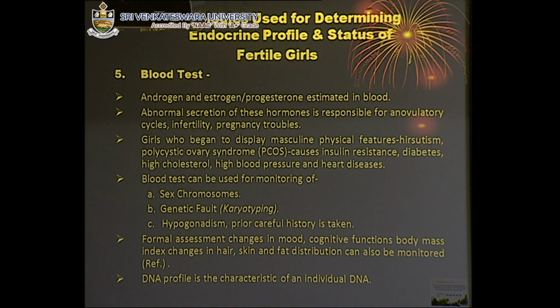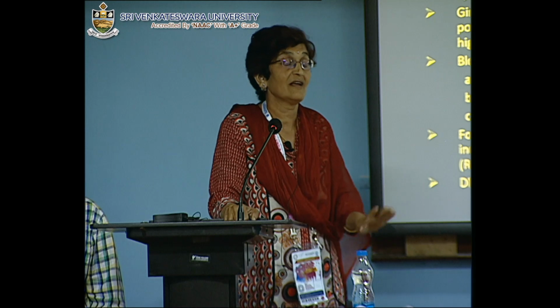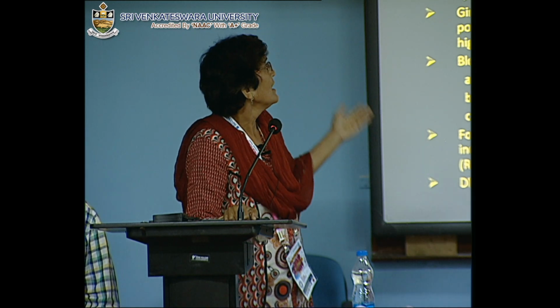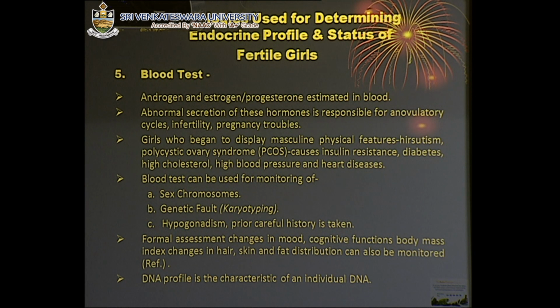Next, we will do the blood test, where a single drop of blood can give 23 types of results. Here we will see hormone balance and hormone diagnosis: androgen, estrogen and progesterone, the female hormones, which will be estimated in the blood test. Any abnormalities in these hormones are responsible for anovulatory cycles, infertility and pregnancy troubles.